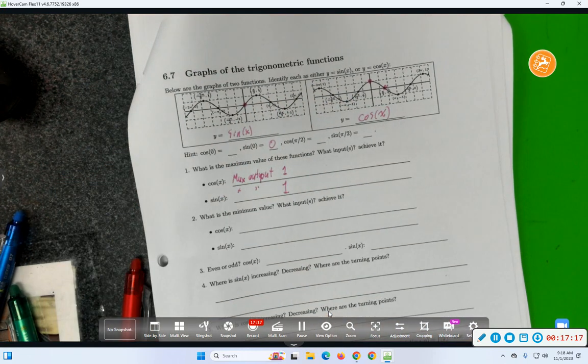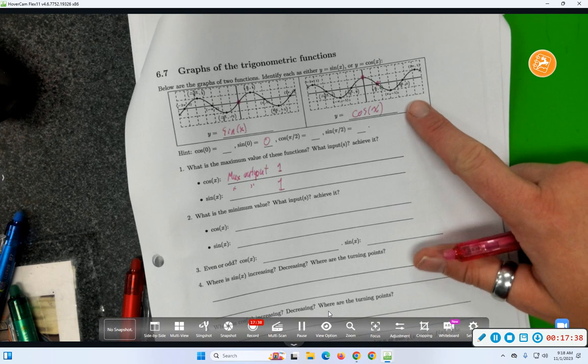Let's list some inputs that achieve that output value. Now let's focus on cosine first. Tell me, what are some inputs that result in cosine being equal to 1? So, here's the graph of cosine.